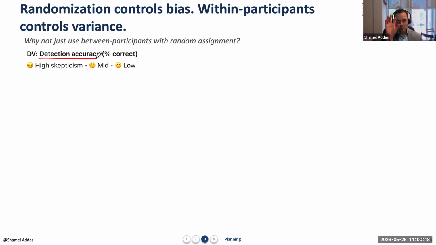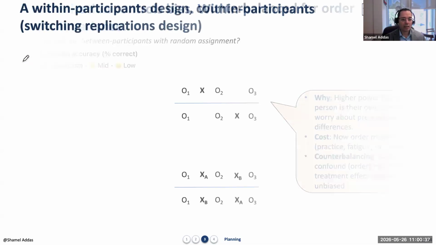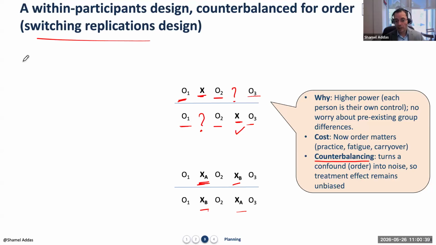Okay. So I'm trying to see the percentage of times in which my detection is accurate. Okay. Let's also say that we have people with naturally high skepticism, medium level of skepticism, and low level of skepticism. So that's kind of like a natural trait in people. All right. I'm not interested in that. So that's not part of my design.